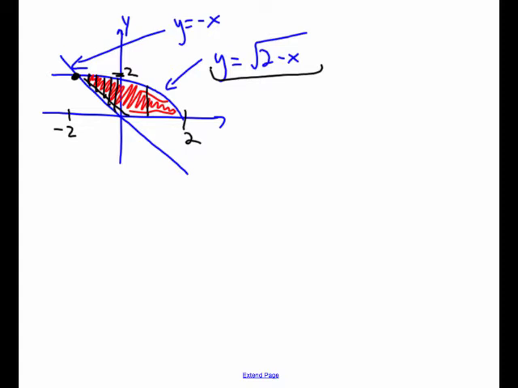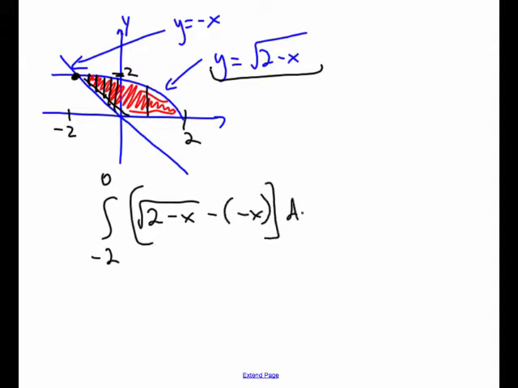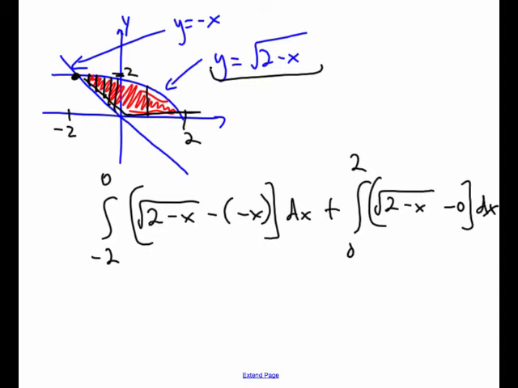So what I'm saying here is that we're going to have to break the area up into two sections. We're going to integrate from -2 to 0, top function minus bottom function, times thickness. And then between 0 and 2, it's the top function and the bottom function, which you can think of as y equals 0, so minus 0, times dx. And that will give me the shaded region.